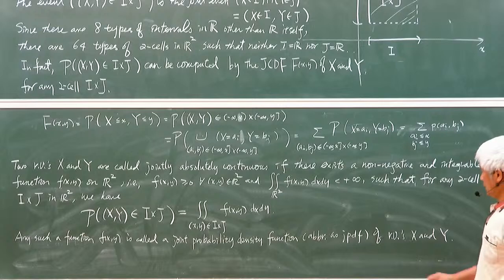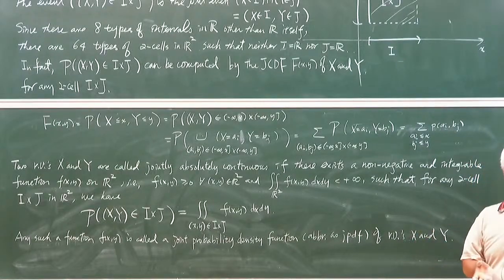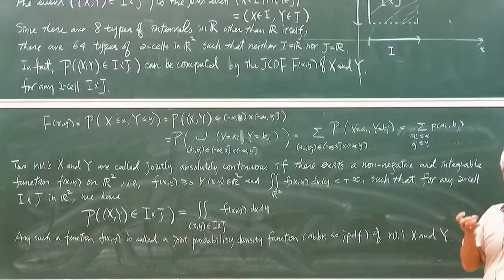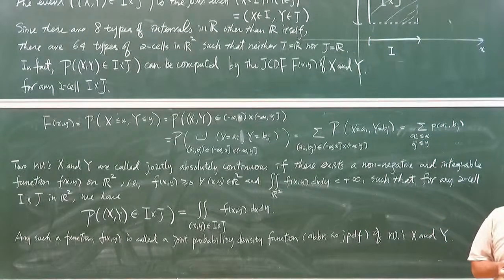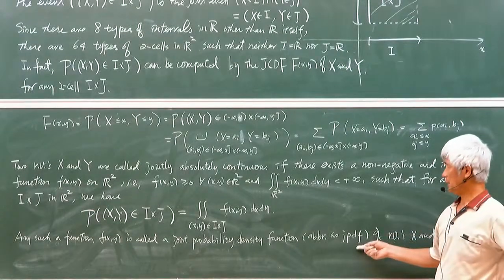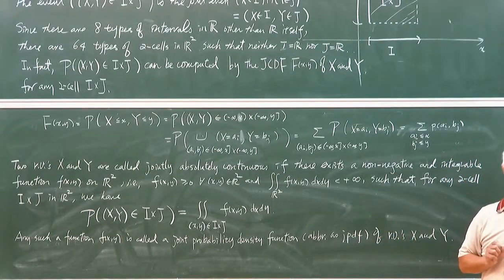So to check that two random variables X and Y are jointly absolutely continuous, we have to find a joint PDF for these two random variables.